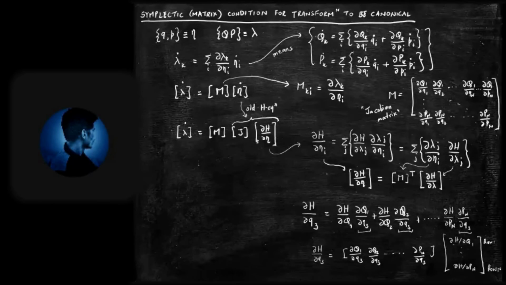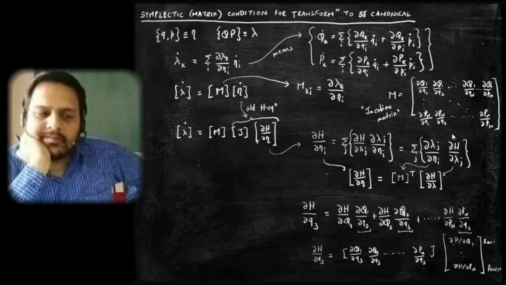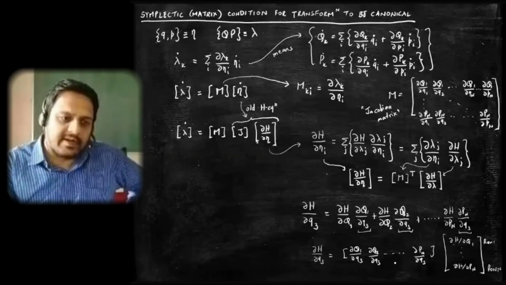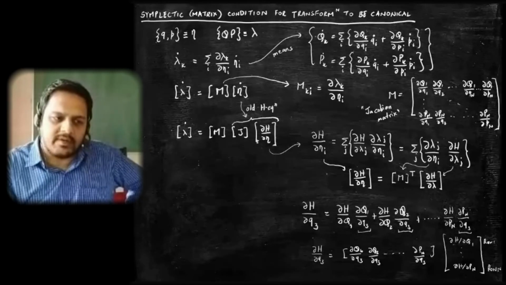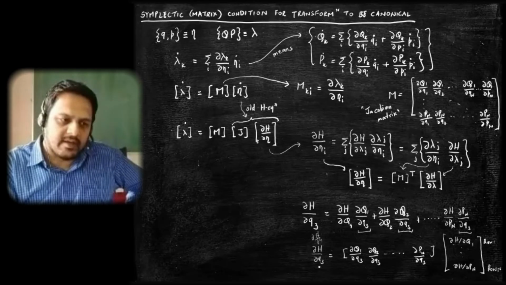Now we know that this ∂λ_j/∂η is a row matrix. No, it is not a row matrix, it's a square matrix. In this case, which we have written down specifically, yes, it's a single row, but basically you will have ∂H/∂q1 to qn, all of them will be there at some stage.